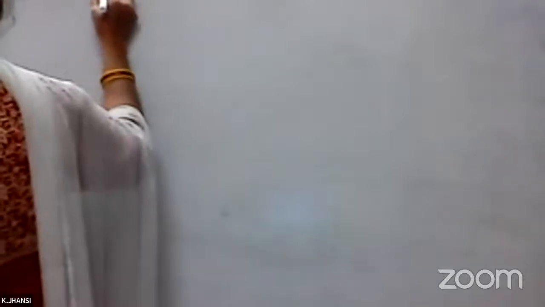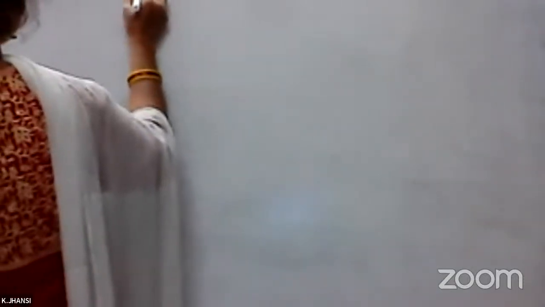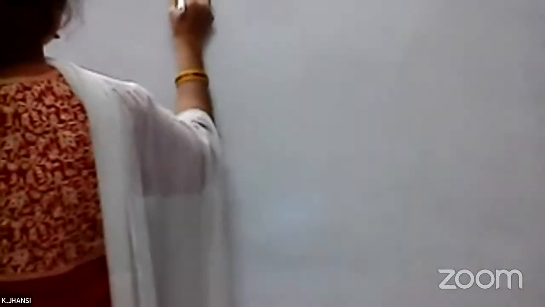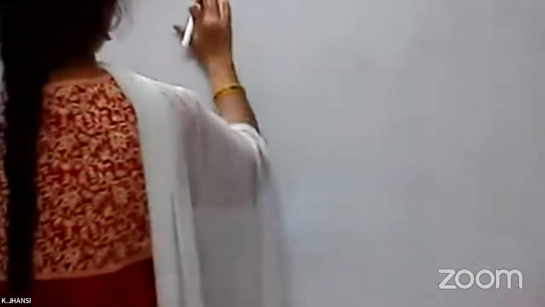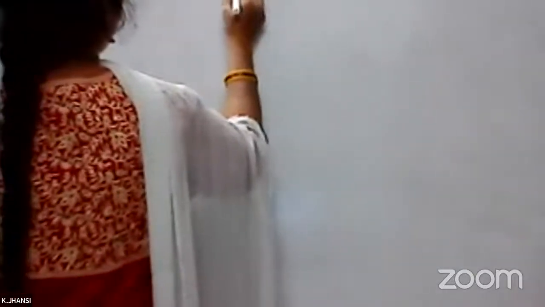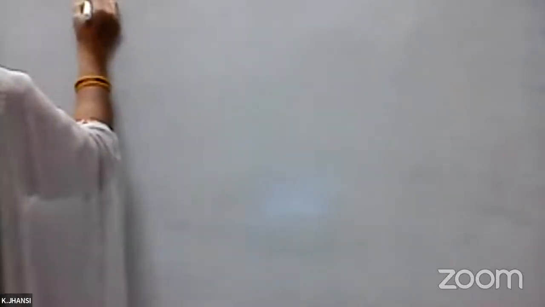So the formula will be like this: coordinates of the point which divides the line joining... Are you able to see?